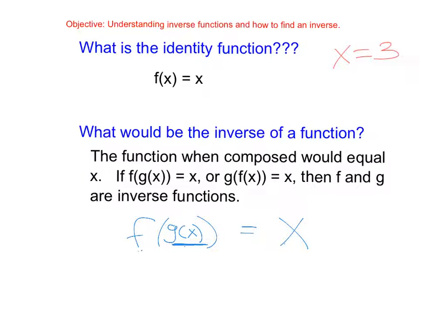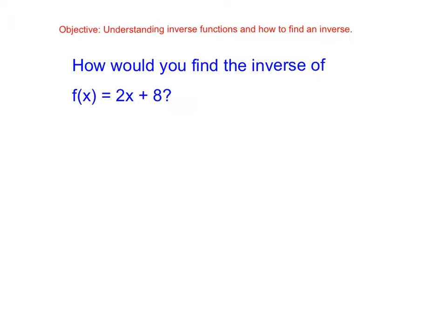We're plugging something into f to bring me to its identity, x. So for f of x equals 2x plus 8, 2 times what, plus 8, equals x? That is the question.